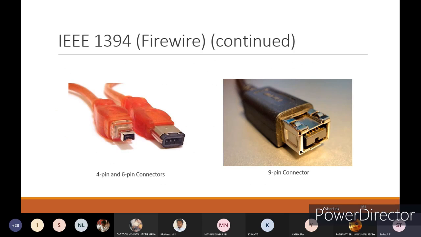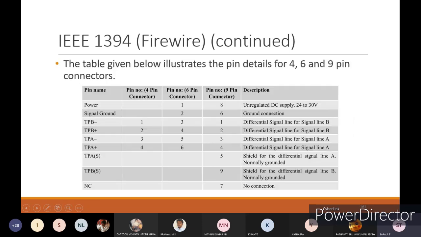4-pin to 6-pin connector. You can see the diagrams. This is the 4-pin connector, this is the 6-pin connector, and this is the 9-pin connector used with respect to FireWire. Here you can see the pin connections, that is the power line is available only with respect to 6-pin and 9-pin, that is given to pins 1 and 2 for 6-pin and pins 8 and 6 for 9-pin connector.